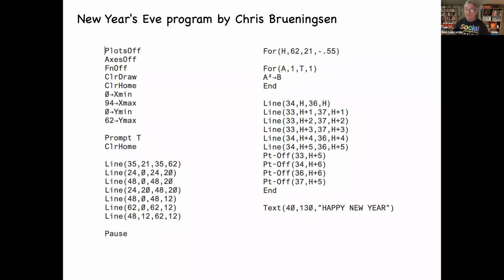The guts of the program begin in the upper right corner. There's a variable h that starts off at 62, drops down to 21, and goes down in a weird increment, minus 0.55. I remember asking Chris, why the heck are you using minus 0.55? And Chris said, because it works.